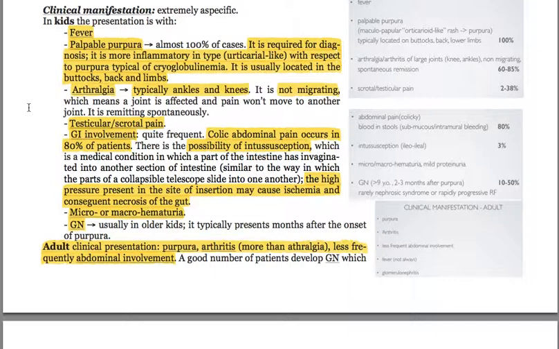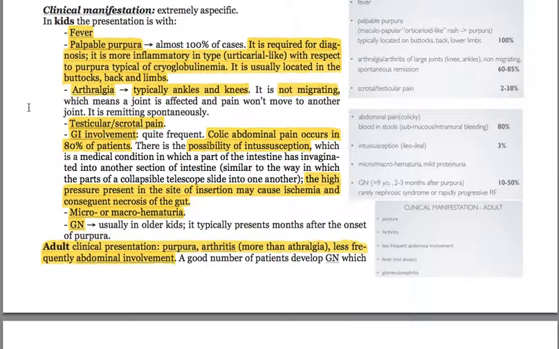It is usually located in the buttocks, back and limbs. We have also arthralgia, typically of ankles and knees, not migrating, which means a joint is affected and pain won't move to another joint. It remits spontaneously. You can have also testicular or scrotal pain. You have GI involvement, which is quite frequent. Colic abdominal pain occurs in 80% of patients.